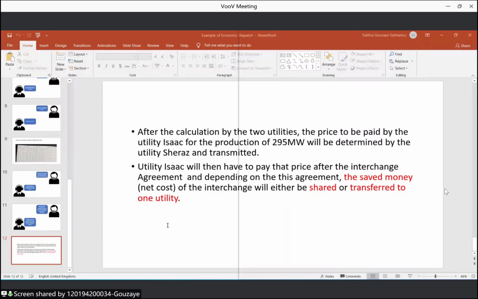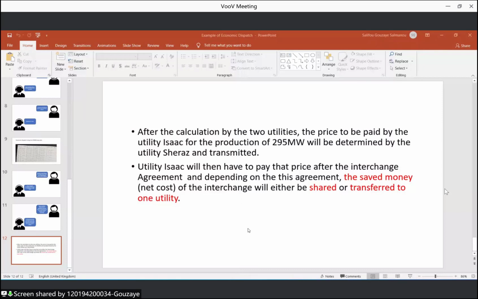Under the second case, if utility Isaac was selling to utility Ahmed before buying the 300 megawatts, utility Ahmed will pay a total of $1,811 per hour, which is a huge increase for utility Ahmed.